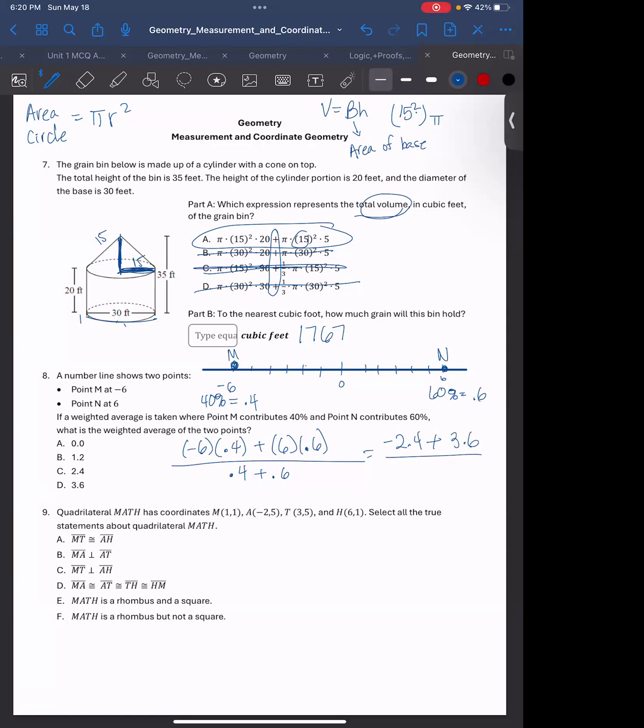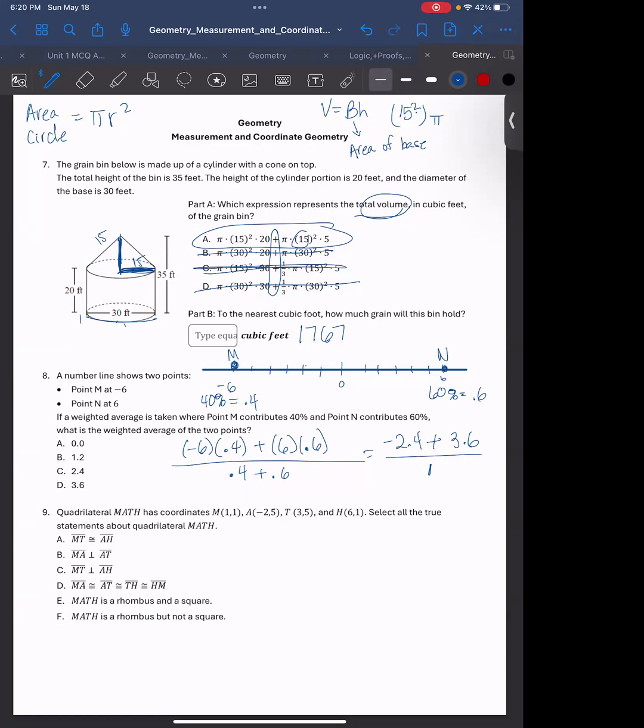And then what's 0.4 plus 0.6? Is it one whole? 1.0. So now I don't really divide anything because anything divided by 1 is itself. So -2.4 plus 3.6 gives me what?